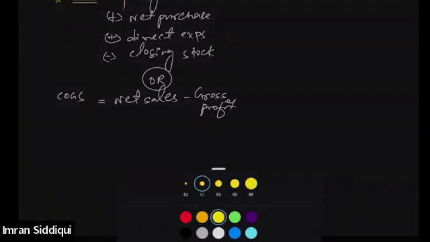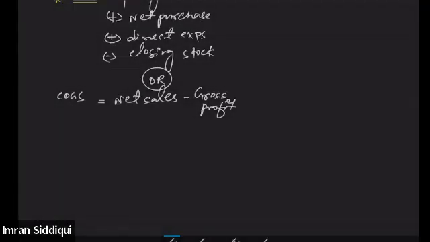Sometimes in the question, the average inventory is also not given. In that situation, you will apply this formula to find the average inventory. To find out the average inventory, the formula is very simple.